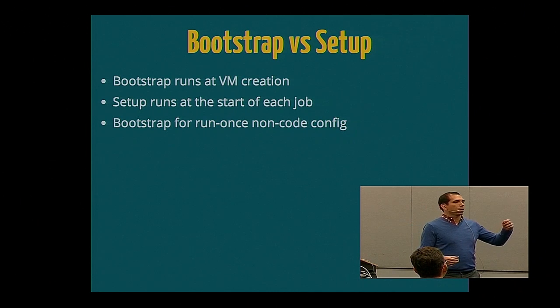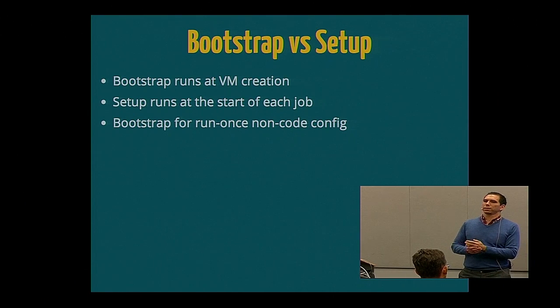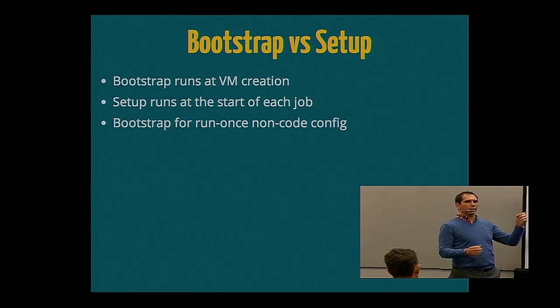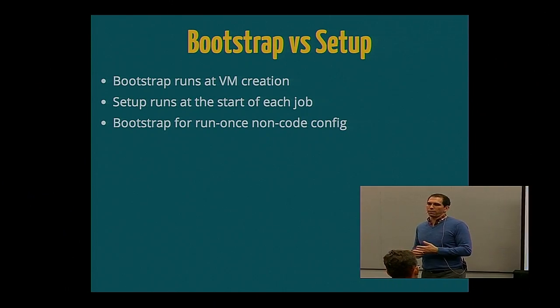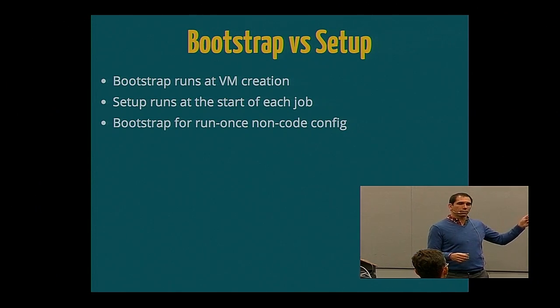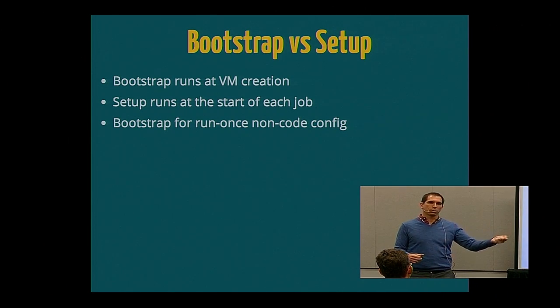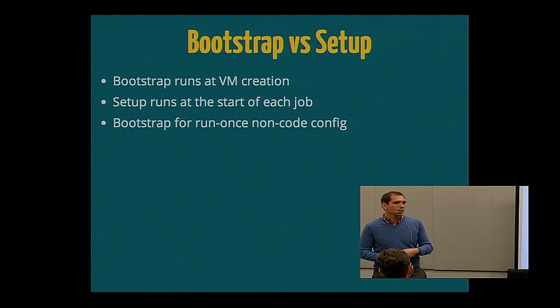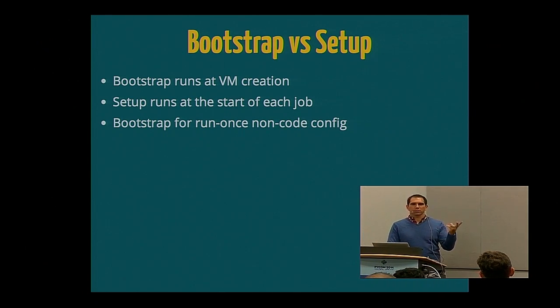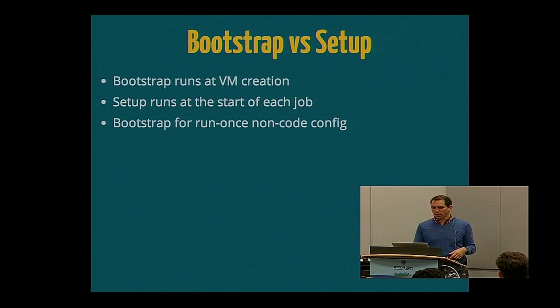If you're a developer, each time you run a new job, you might have slightly different configurations or slightly different code. And so you might need to run a command like make if you're using, say, Python C libraries. You might need to run a command like make each time you upload your code. So that's what the setup commands are for. Bootstrap commands are run once at VM setup. Setup commands are run each time you start a new job. Does that make sense to folks? Cool.